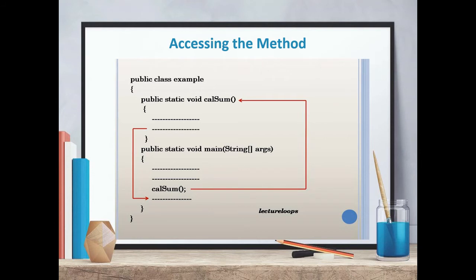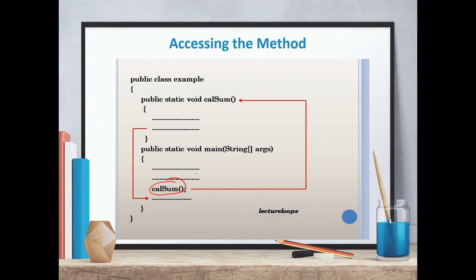Now we'll see how to access the method, or the function call. We can call or invoke a method with its name along with the actual parameters. This is the function call, or method call. When there is a method call in the program, control is transferred to the method definition.